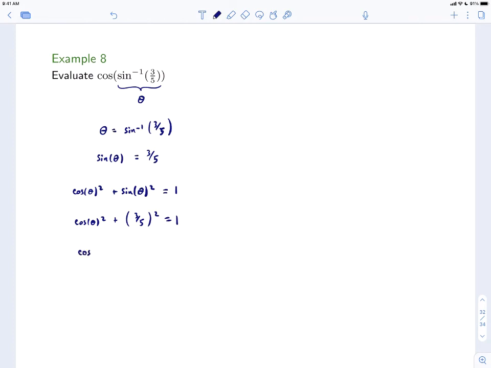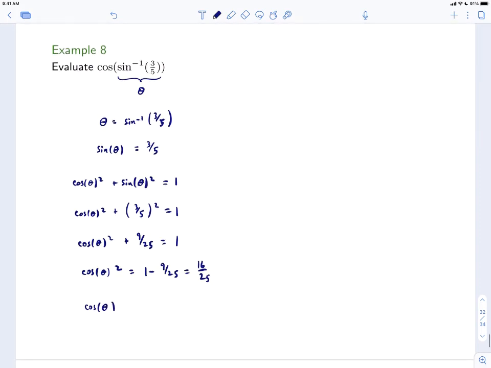So that means cosine of theta squared plus 9 over 25 is equal to 1. So subtract the 9 over 25, you get cosine theta squared is equal to 1 minus 9 over 25, which is 16 over 25. So cosine of theta is equal to plus or minus the square root of 16 over 25, which is plus or minus 4 over 5.